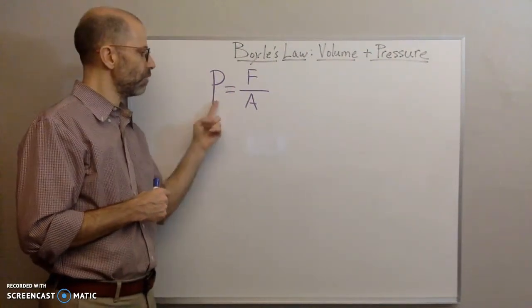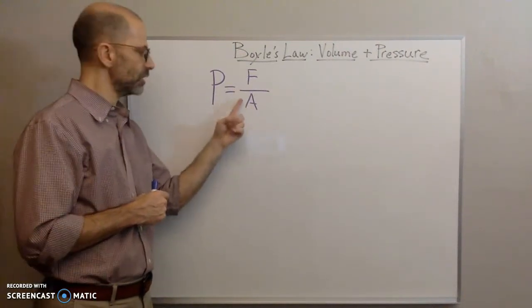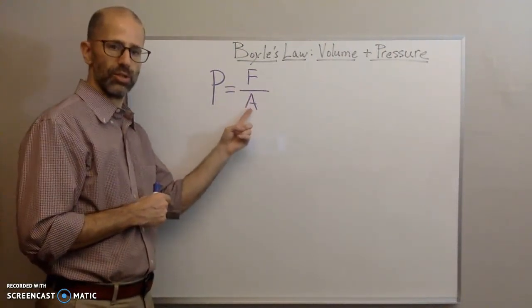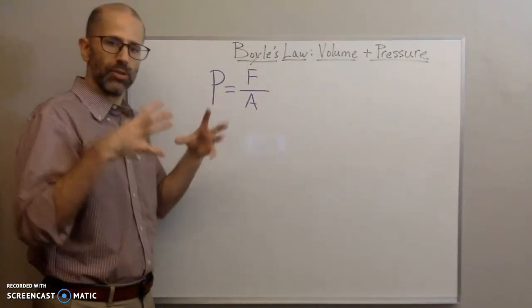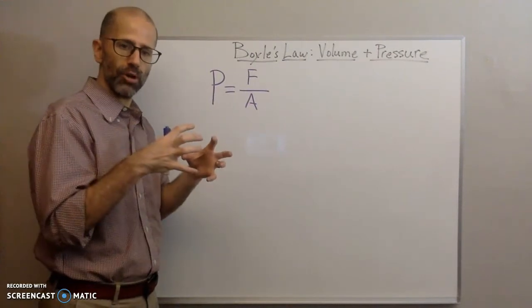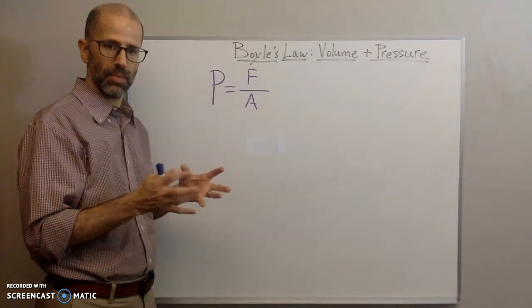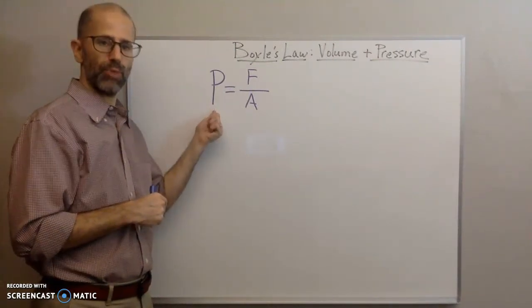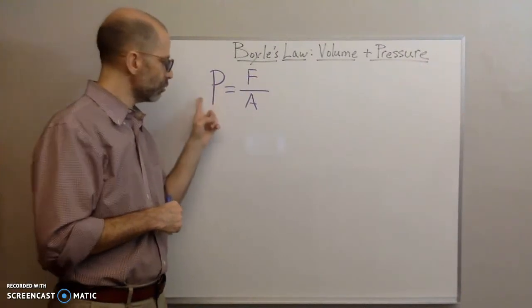So if you think of surface area as tied to volume, decrease the volume, you decrease the surface area, and therefore you increase pressure. If I squeeze the balloon or decrease the volume of my container, keeping everything else equal, I should expect pressure to go up. So volume decreases, pressure goes up.